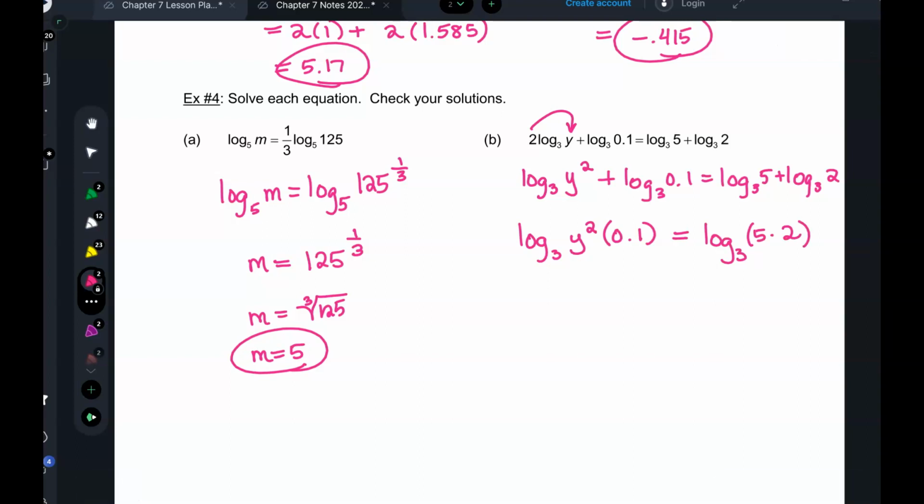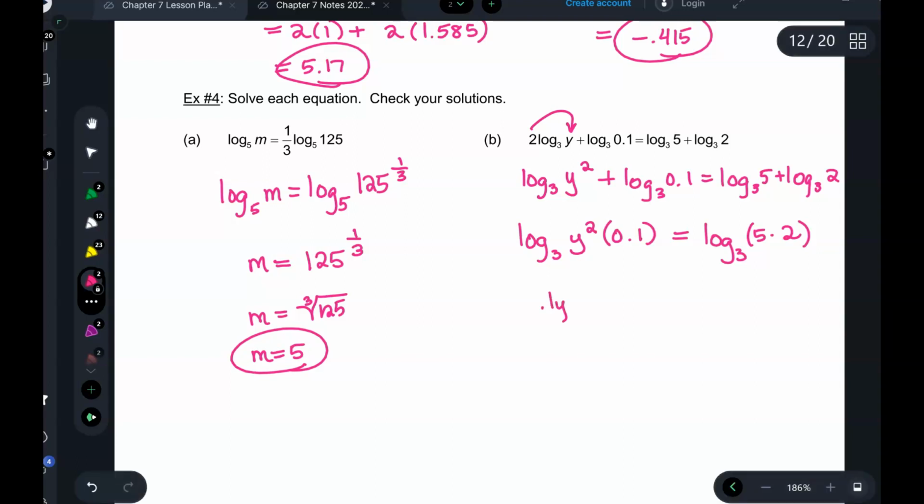We can only cancel the logarithms when there's one on each side. Does that make sense? So you want to group everything together. Now that you have one log base 3 on each side, they cancel.